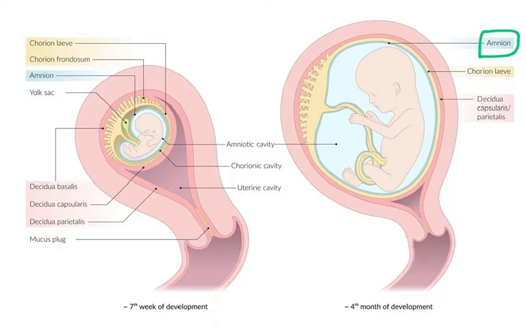And inside you have the amniotic fluid. So this is the amniotic cavity or the amniotic fluid. The amniotic fluid acts as a shock absorber and it cushions the baby. The baby is of course protected, the fetus, sorry, it's not called the baby.